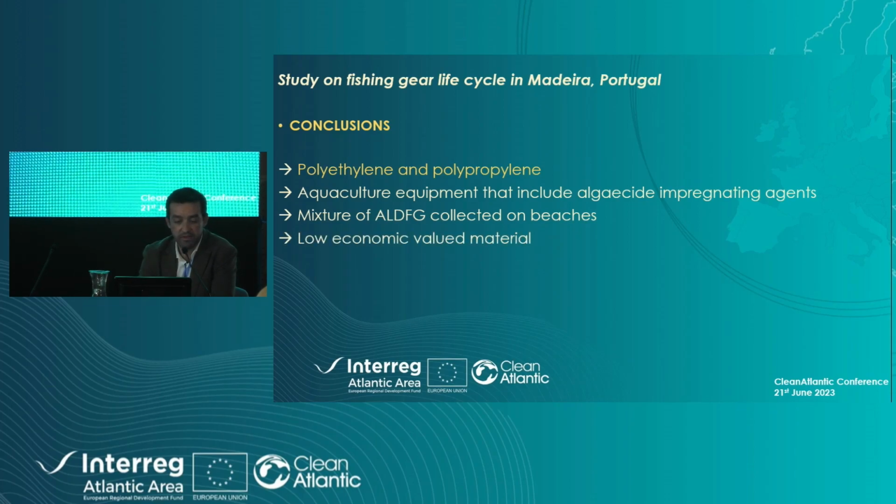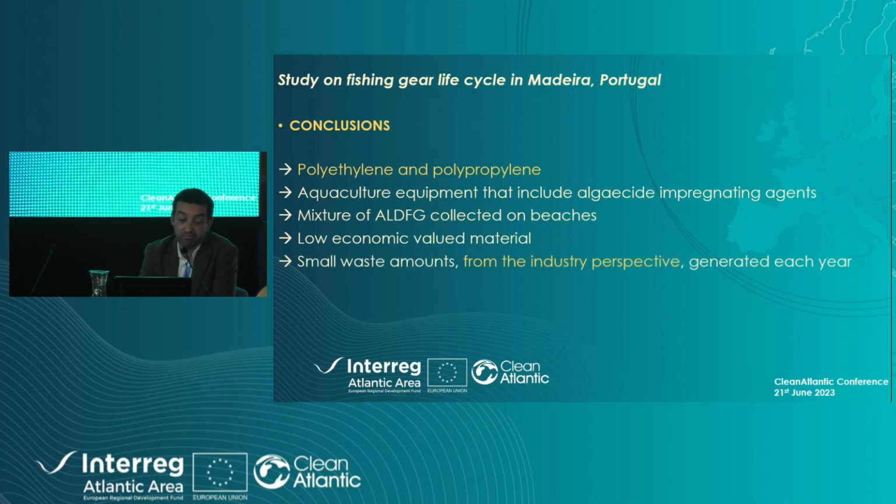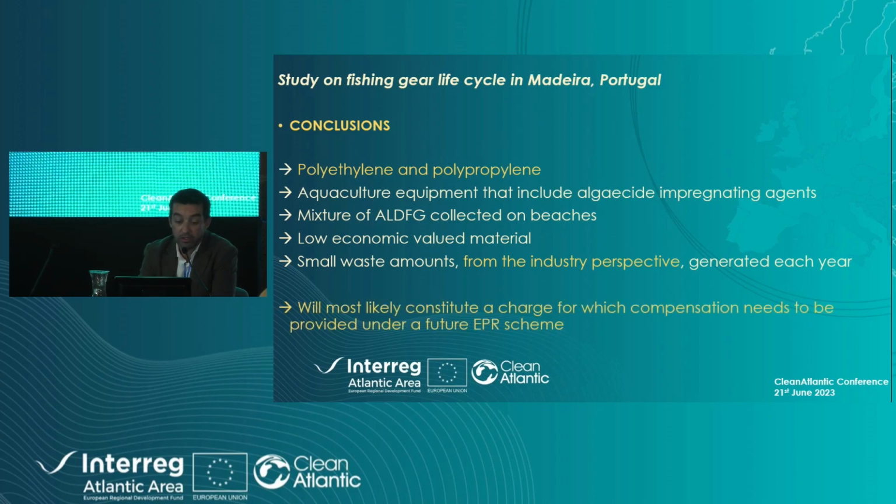So these materials have very low to no economic value, and from the industry perspective, the amounts that we generate each year are very, very small. So they don't want it. They don't have any interest in this. So if we want to implement a future EPR scheme, we need to take this into account. This is worth nothing for the industry, though it is a lot in our case. So we will need compensation for this, because someone needs to pay for it.